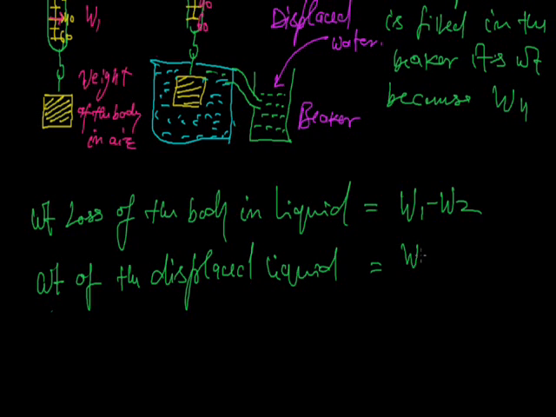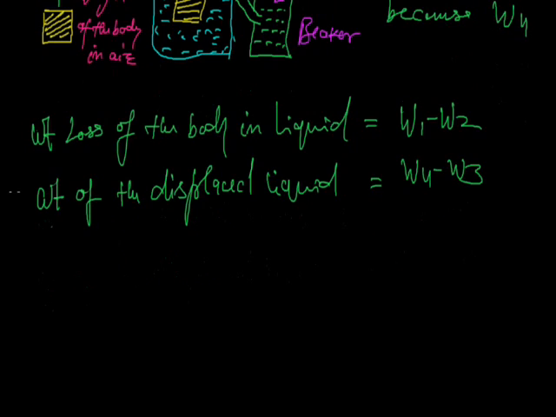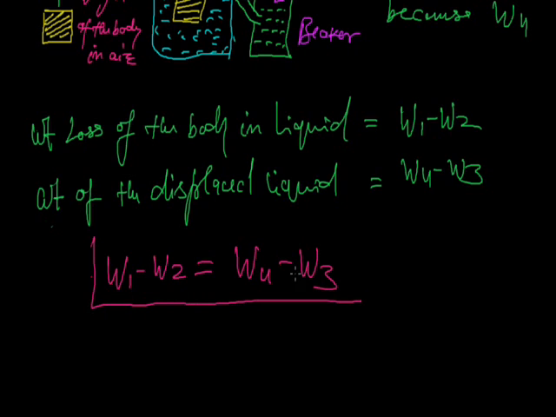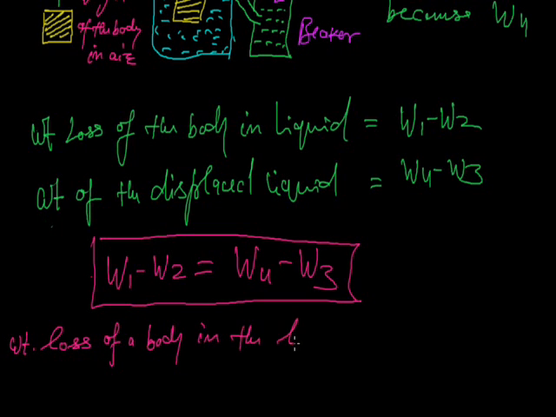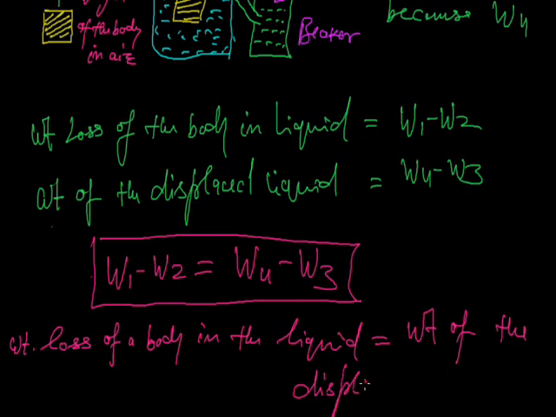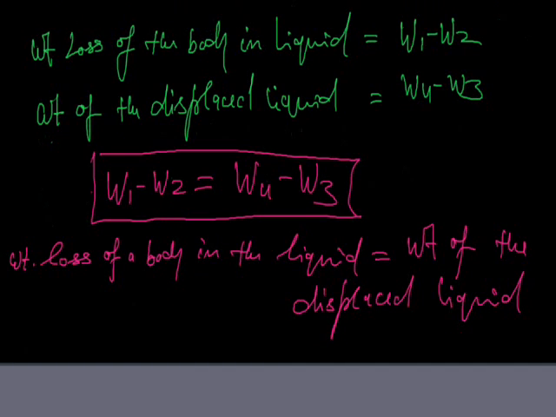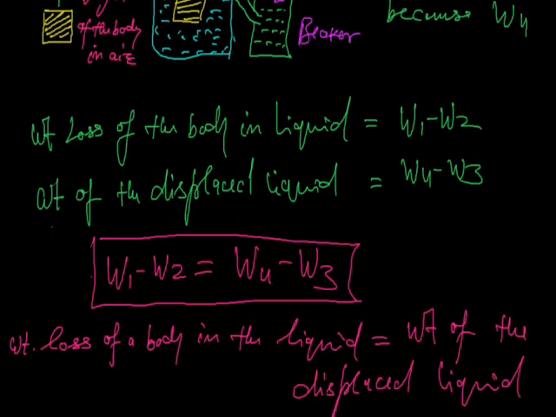It will be equal to W4 minus W3, and experimentally we find that W1 minus W2 is always equal to W4 minus W3. It means the weight loss of a body in the liquid is equal to the weight of the displaced liquid. It means the buoyant force is always equal to the weight of the displaced liquid.